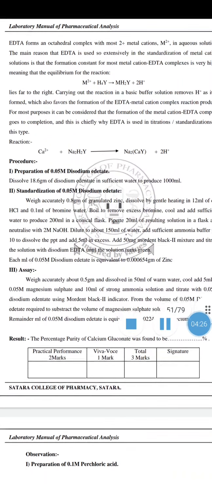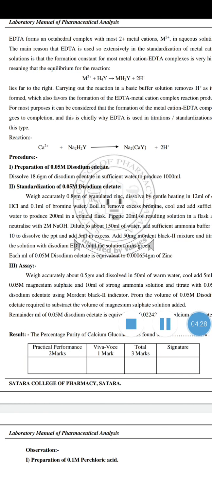Then the procedure. Preparation of 0.05 molar disodium edetate: dissolve 18.6 gram of disodium edetate in sufficient water to produce 1000 ml.